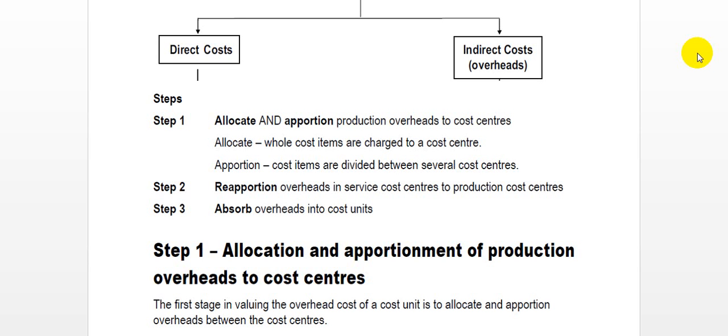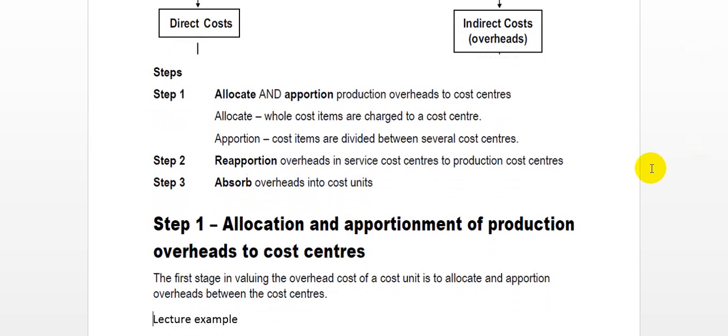Once these costs have been reapportioned to the cost centers, we move to step 3, which is to absorb the overheads into cost units. We'll now go into these steps individually with some illustrations. Not cost centers, but cost units. You absorb overheads into cost units.